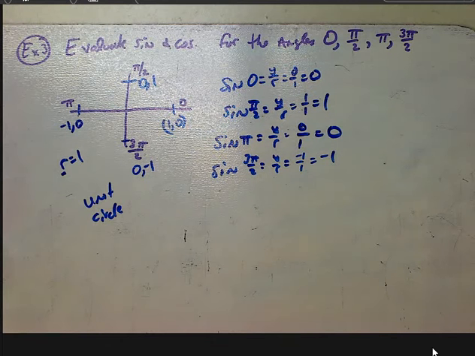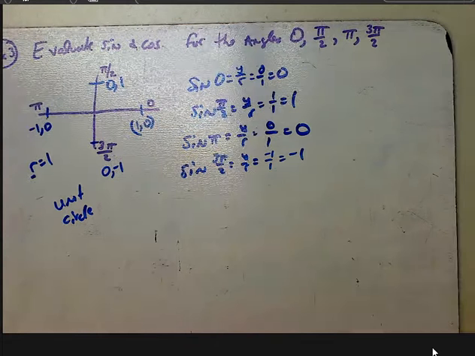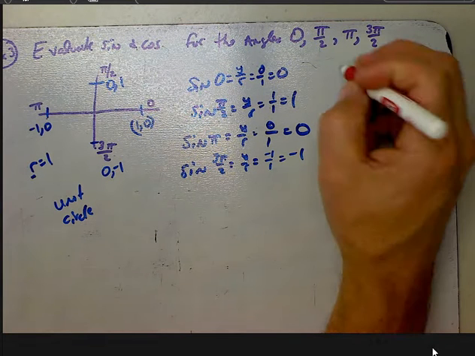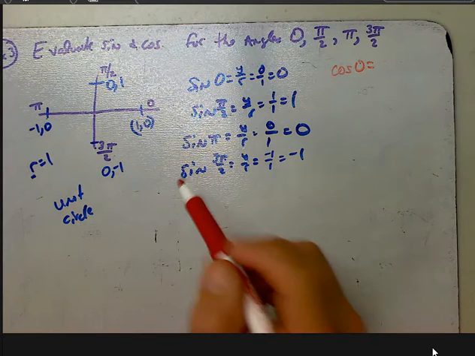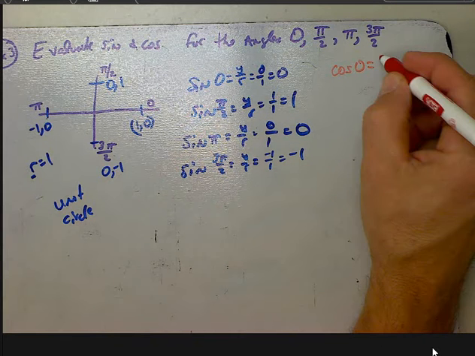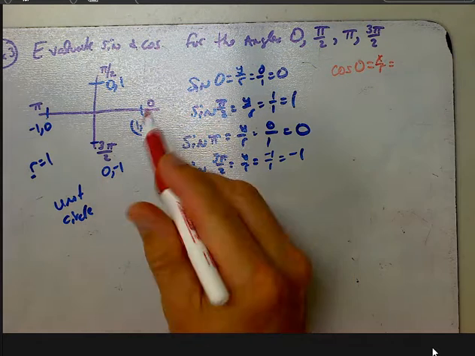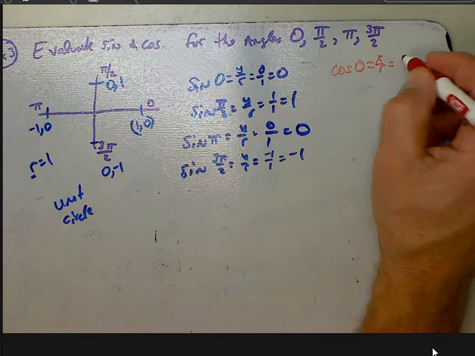We'll find the cosine value now. The cosine of 0 is x over r. X is 1 over 1, so the cosine of 0 is 1.